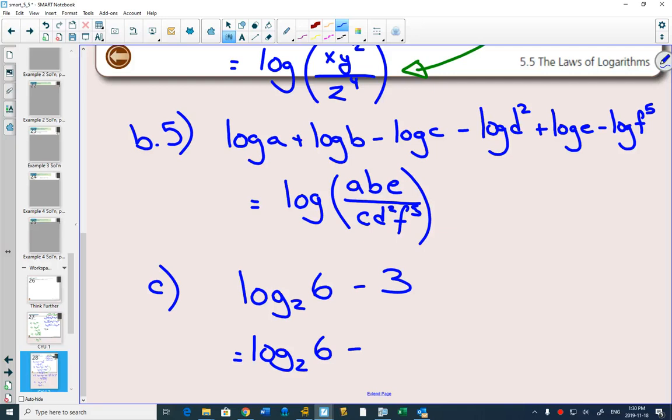The question is, could you write 3 as log base 2 of something? What would that have to be?